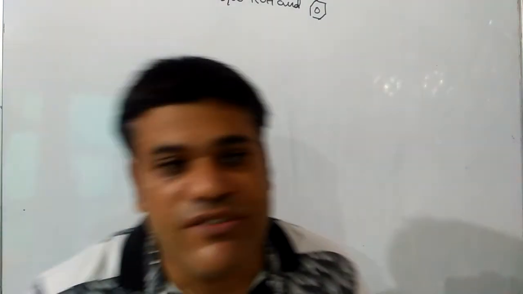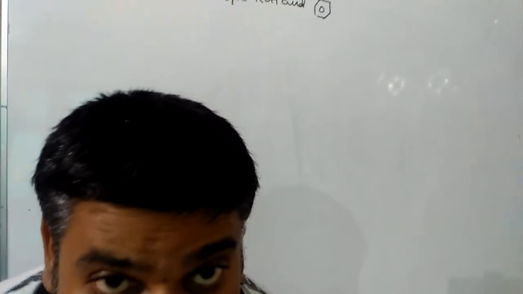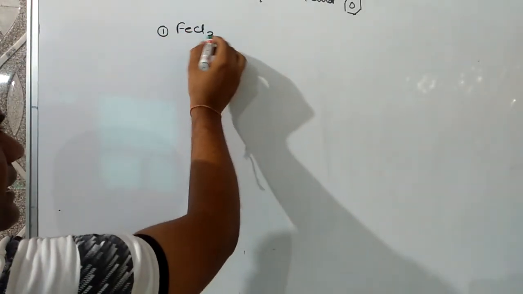We can use approximately 5 methods by which we can distinguish between alcohol and phenol. The first method will be the ferric chloride test.